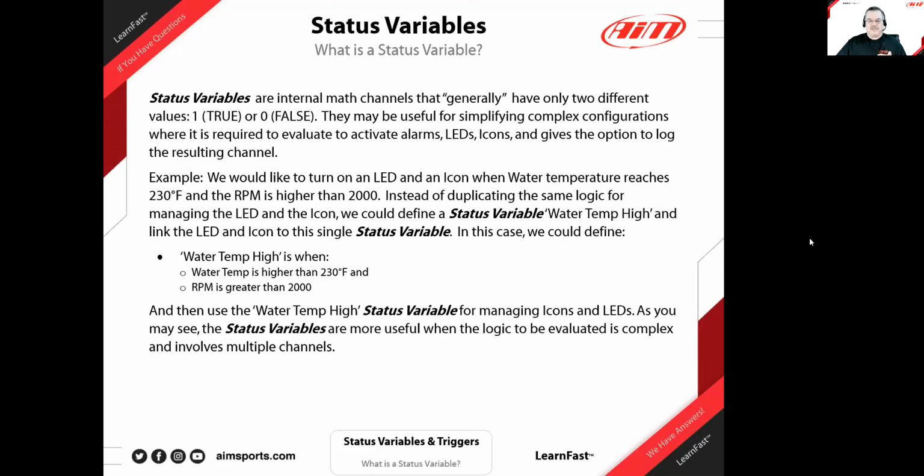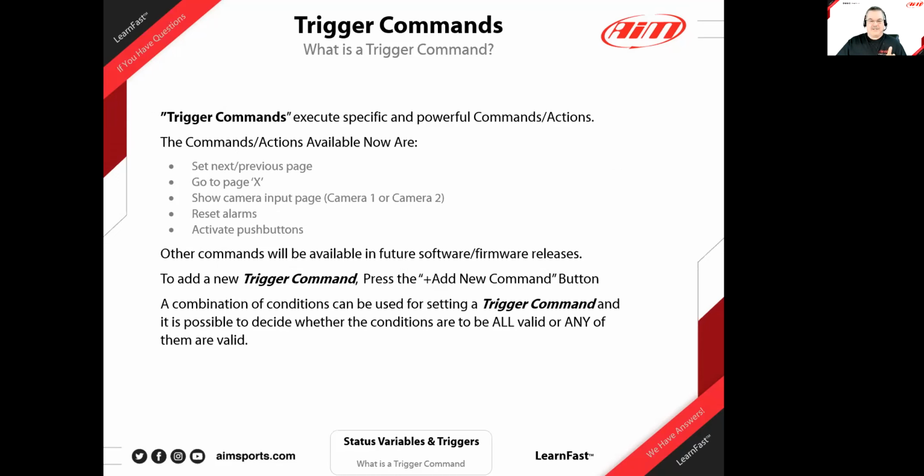Perfect. So then we'll jump to the next one, which is trigger commands. What is a trigger command? So a trigger command is a way to make something happen, basically. The commands we have now available, which has also grown recently, and I expect to still grow, are to the next or previous page. You can go to a certain page.